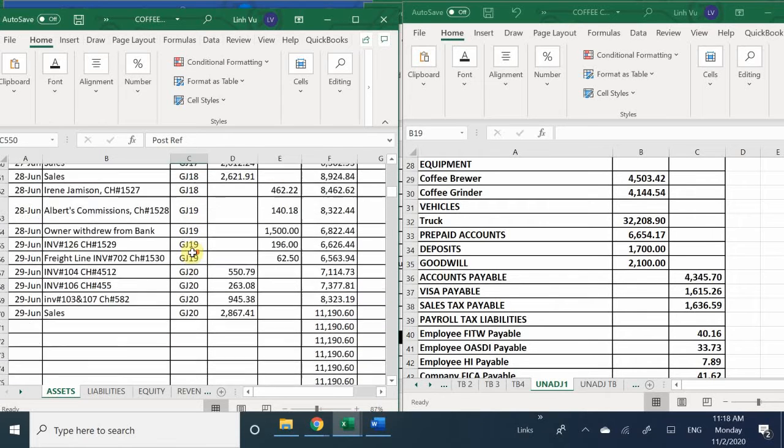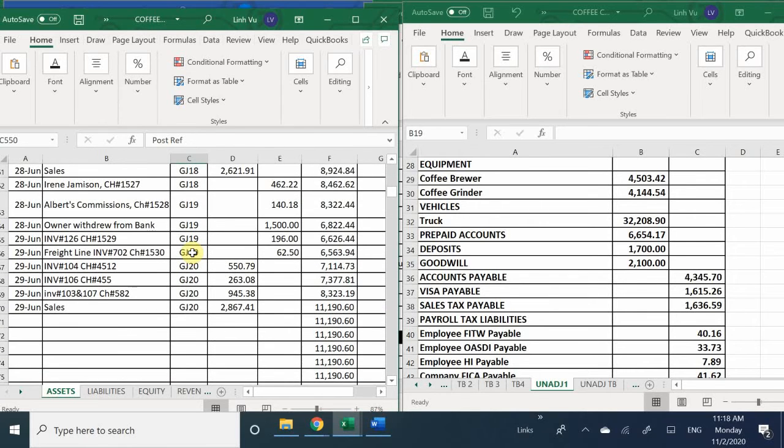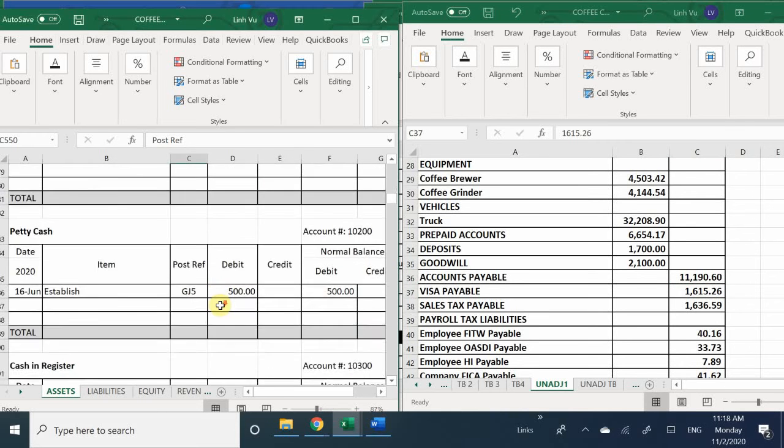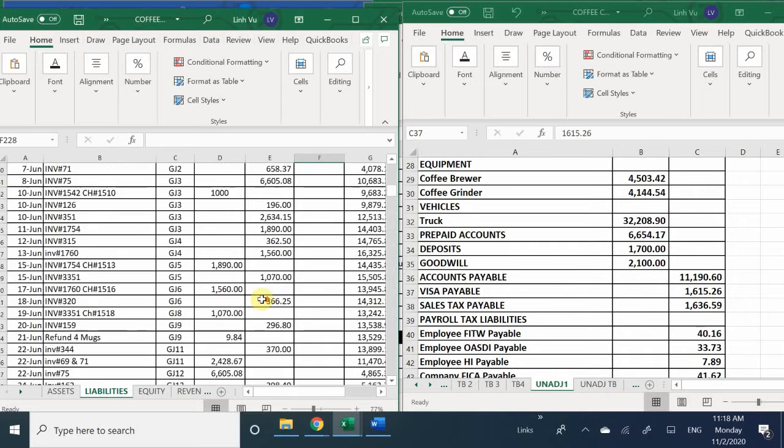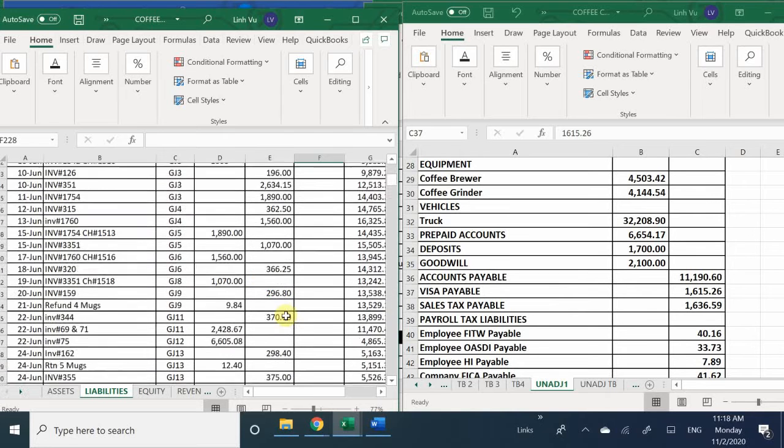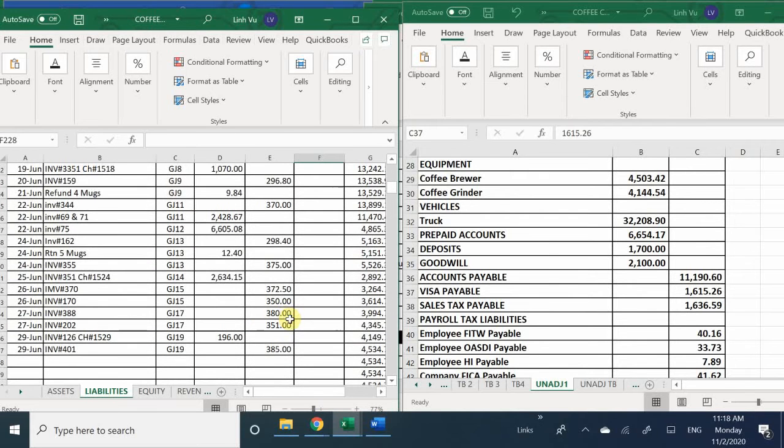Okay, so here we are by June 30th. What is my total amount in my accounts payable? 11,190.60. Okay. And then my Visa payable is also something that I've also. Oh, I'm sorry, I'm on the wrong one. Oh, here I am. So that means that's the wrong number. So my total accounts payable is going to be 45.